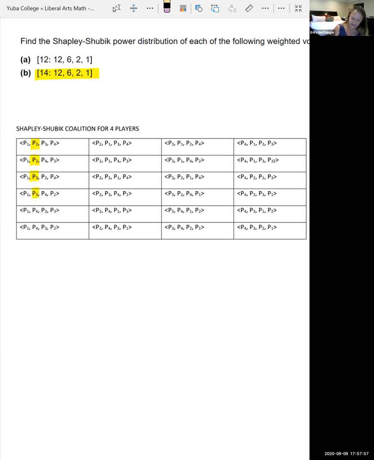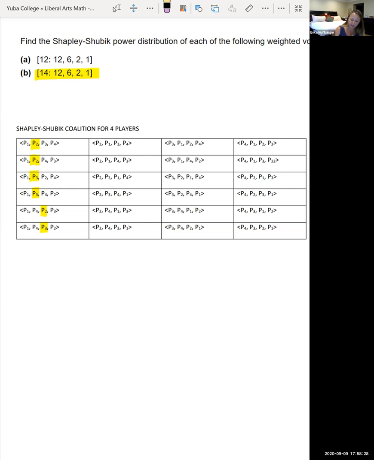So rotating the last two didn't change anything. But player 1 and player 4, we just said 12 plus 1 is 13. Player 4 is not pivotal there. But when player 2 comes in with their 6 votes, they bump it over 14. So they're pivotal. So player 1, player 4, again, won't be pivotal. That third player is the pivotal one when player 1 is first and then player 4.